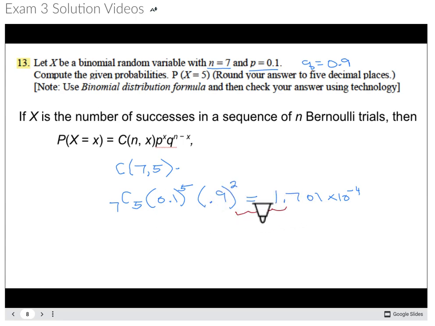So we're going to have 0, 0, 0, 1, 7. 0.00017. There's our 5 decimal places. This should be our answer to the probability that x equals 5.